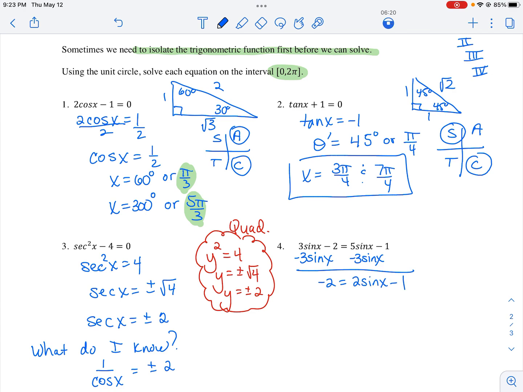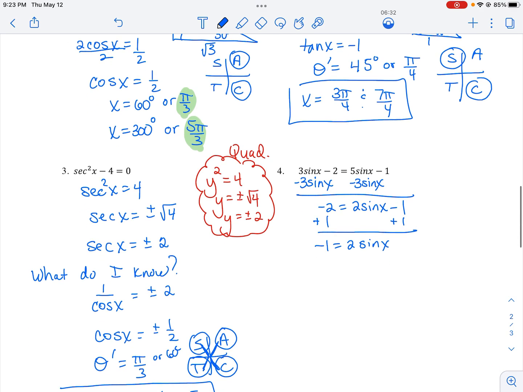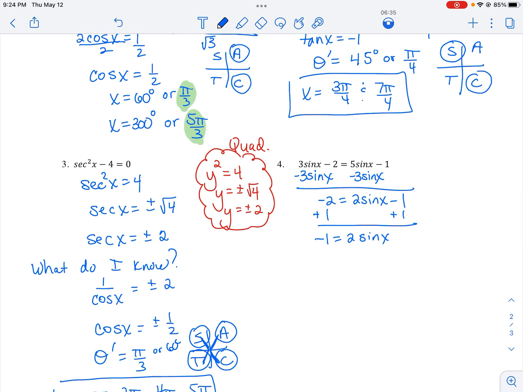Now what would I do to both sides of the equation to isolate sine x? If you said add 1, you're correct. What is the next step I need to do to isolate sine x? If you said divide by 2, you're correct.